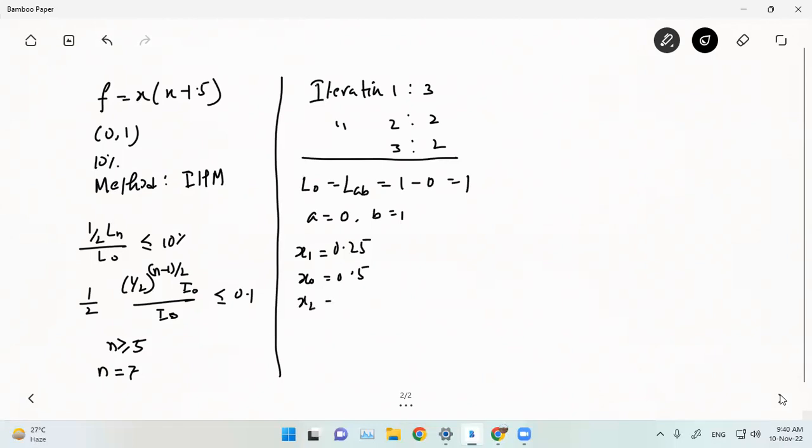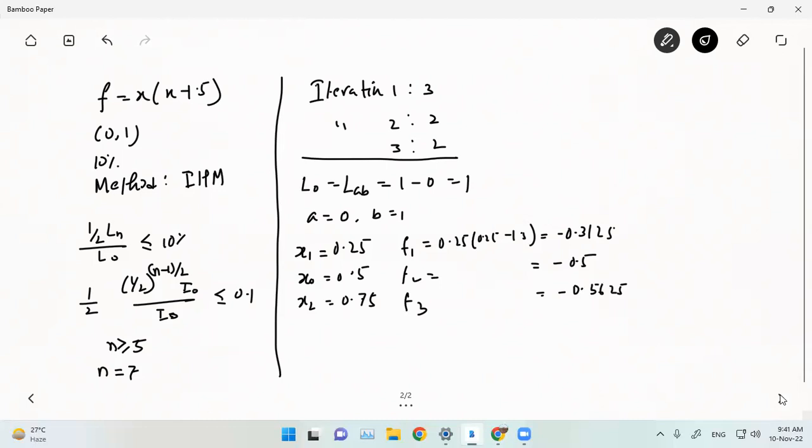Then your x2 is 0.75. Next step is to find the function values. f1 is 0.25 into 0.25 minus 1.5, so this is minus 0.3125. f2 is minus 0.5, and f3 will be minus 0.5625.